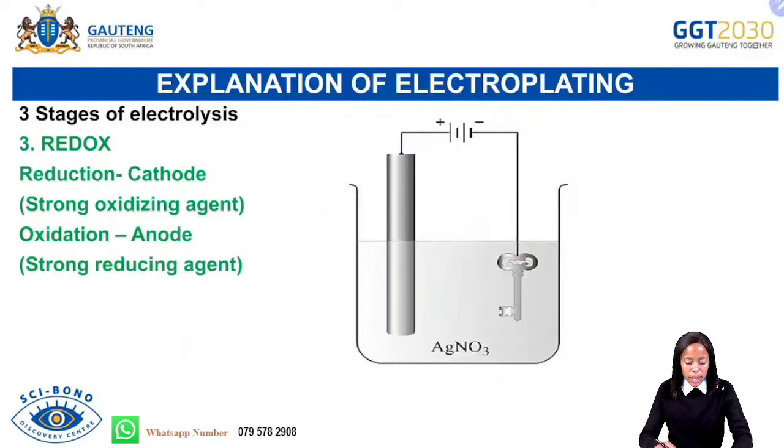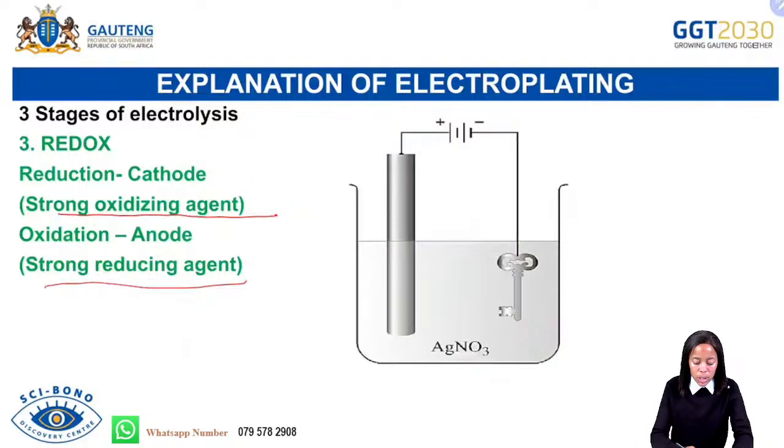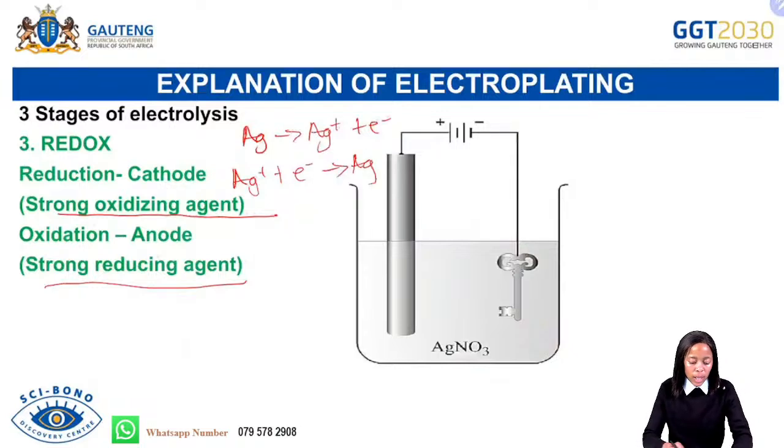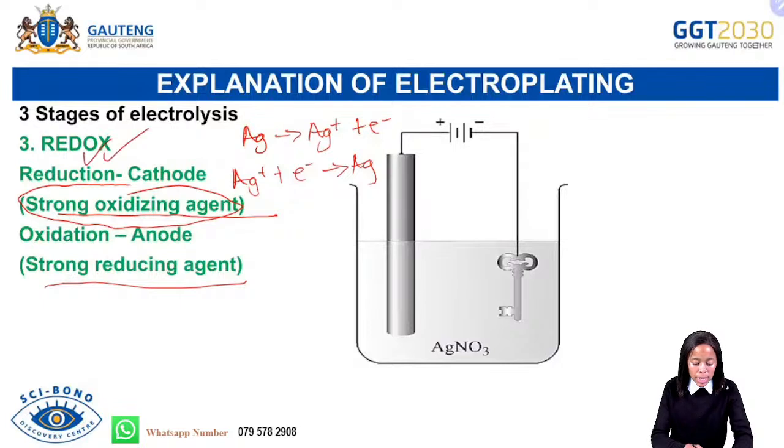And number 3 again, we are going to do what? Identify which one is the oxidizing agent and which one is the reducing agent. So if you already have your reactions, to say this is your oxidation half reaction and this is your reduction half reaction, remember we said that we are going to associate the strong oxidizing agent with what? With reduction.